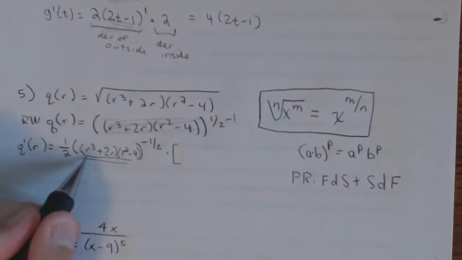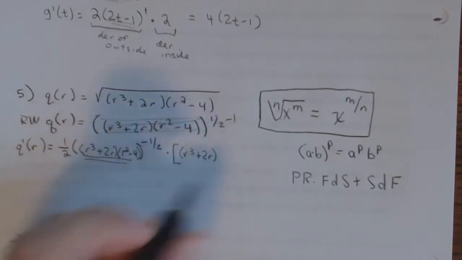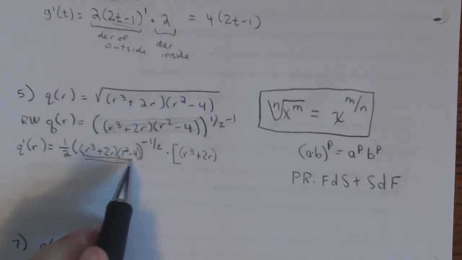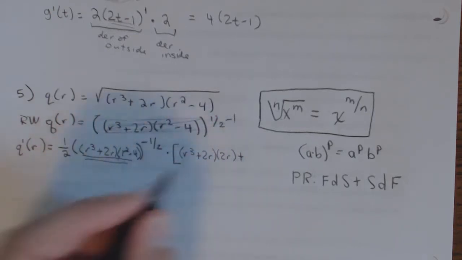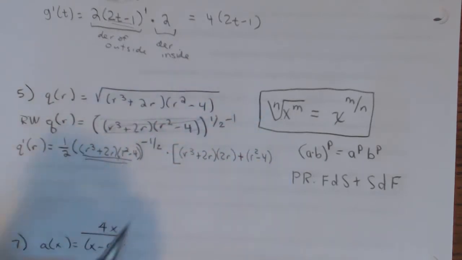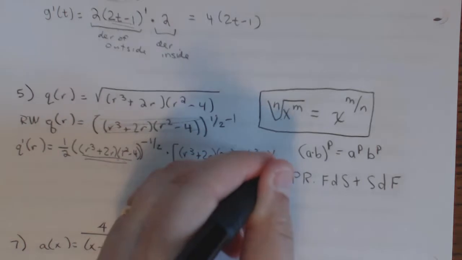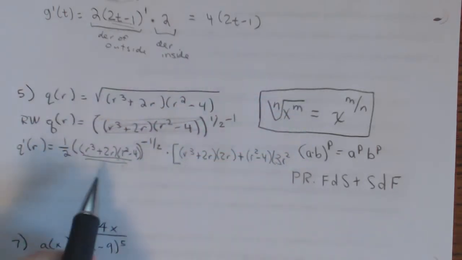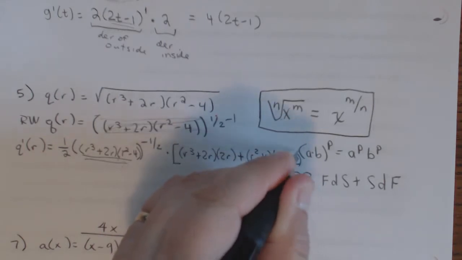So the first would be r cubed plus 2r in parentheses, and the derivative of the second, well, r squared minus 4 has a derivative of 2r, plus the second, which is r squared minus 4, times derivative of the first, which r cubed is 3r squared, and then the derivative of 2r is plus 2.